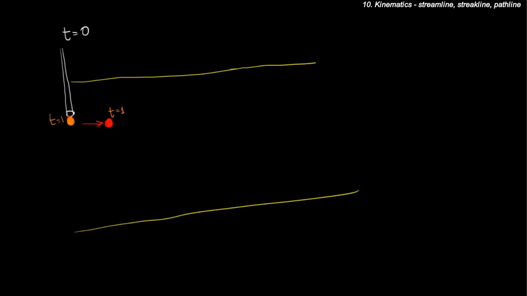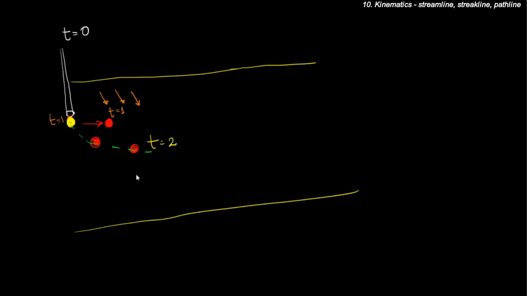At t equal to 2, suppose the velocity is unsteady and the velocity direction is something like this. Then this red particle would move over here, this orange particle will also move over here, and a new particle would come out. So at t equal to 2 seconds, the locus of the dye particles that I see will be this particular line. This is how I would visualize the flow.